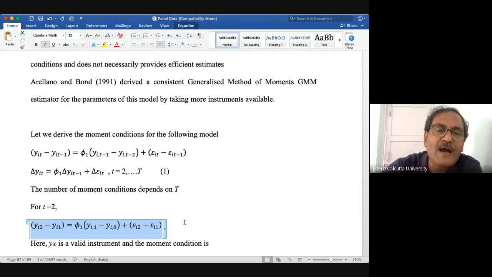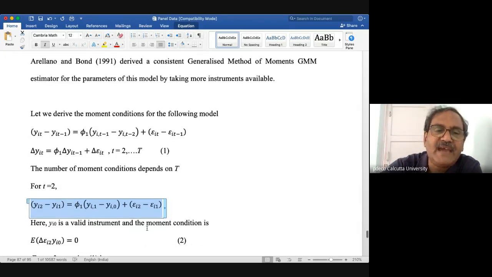We can take yi0 as a valid instrument because yi0 is not correlated with the error, but it is correlated with the regressor. Is it clear?